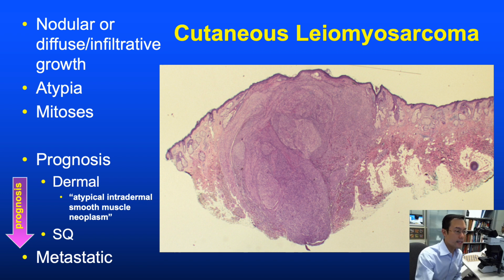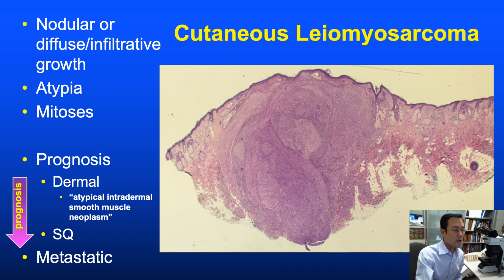Leiomyosarcoma designates the malignant counterpart of leiomyoma, and cutaneous leiomyosarcoma has some distinctive features. Microscopically, you would expect the usual features of malignancy, so irregular infiltrative growth with atypia and mitoses, but the prognosis in cutaneous leiomyosarcoma depends critically on the location.